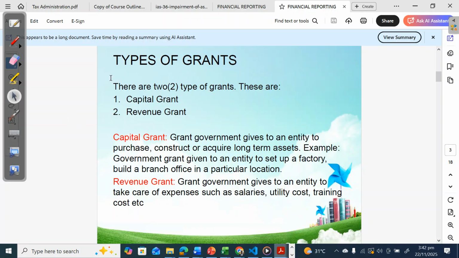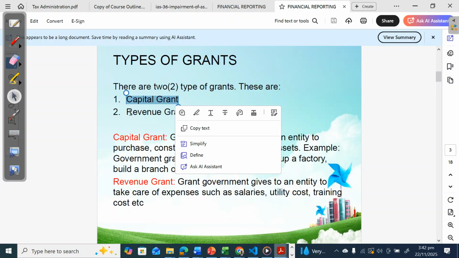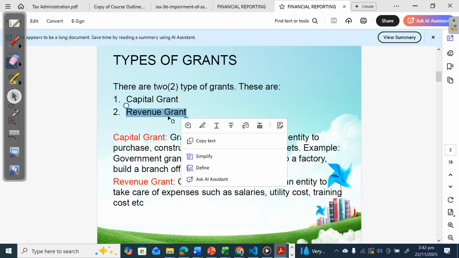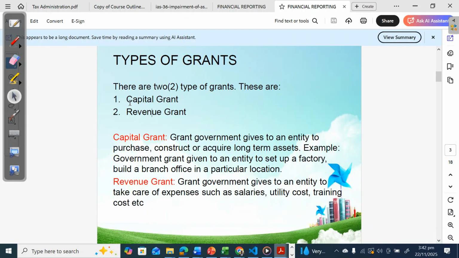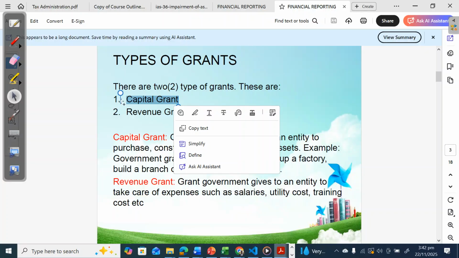So there are two types of grants. Let's look at types of grants. We have capital grants and revenue grants. What is a capital grant? A capital grant is a grant that government gives to entities to purchase or to acquire non-current assets.